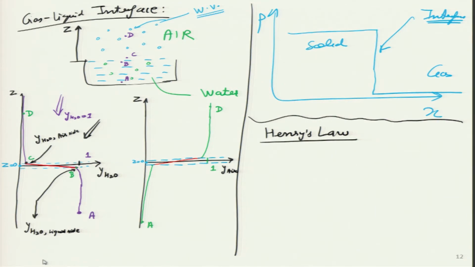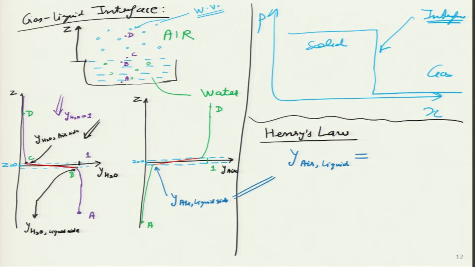It is given by this equation which I am about to write. We can write for any species, whether air, water vapor, or any other, how much of that species is present on the liquid side. Here we are talking about y for the air on the liquid side.